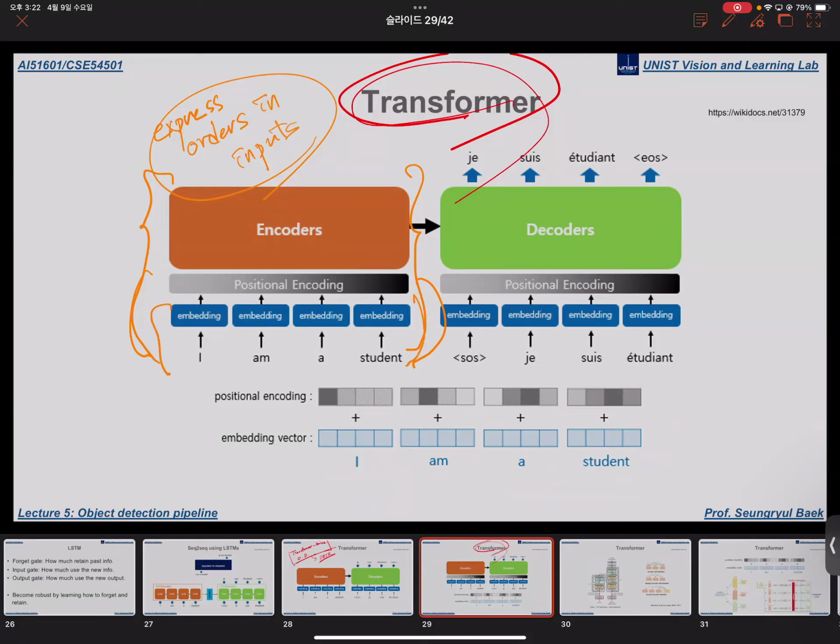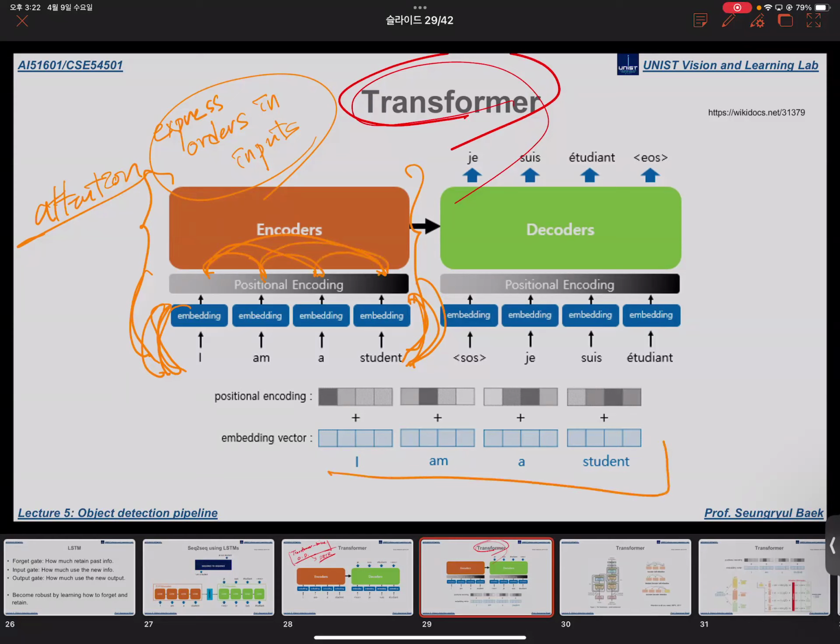But in the actual implementation of the attention mechanism, there is actually no order. They are just calculating the dense dot product between the inputs.